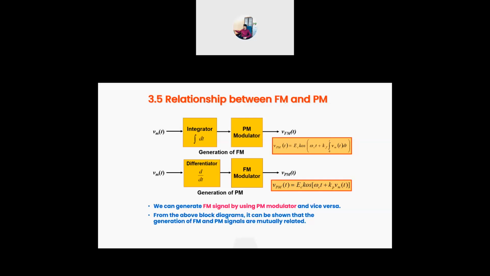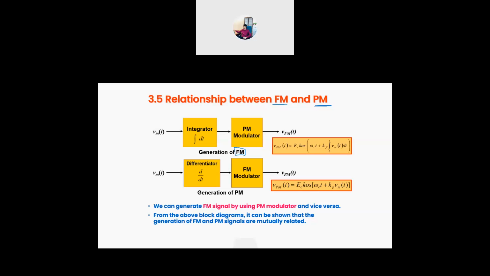Now we're going to see the relationship between frequency modulation and phase modulation, because both are part of angle modulation. First, we're going to see the generation of our FM, frequency modulation signals.